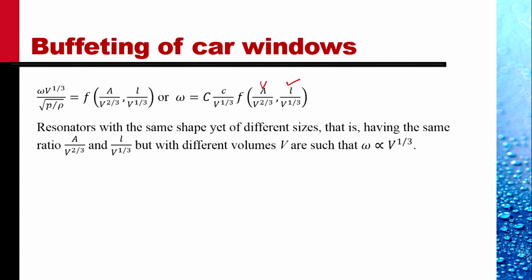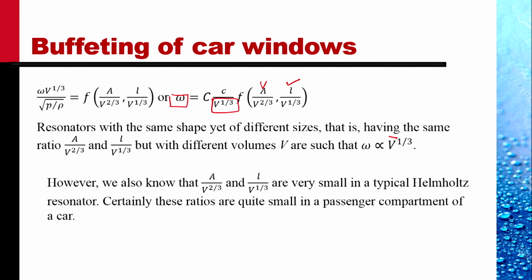If these two parameters are the same, then omega is a function of V raised to power 1/3 with a negative sign. A large volume of the car gives you very low frequency. So a bass sound is what you get. The common experience.